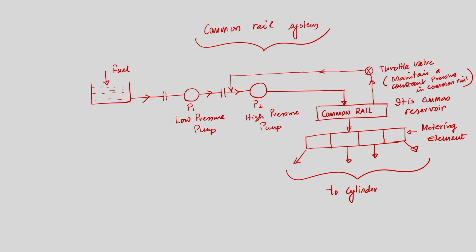We have seen the different parts that we discussed in the beginning of this course. What objectives should we have when we are talking about the common rail injection system?